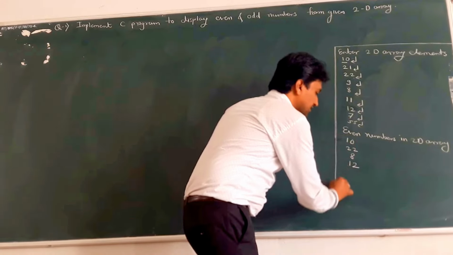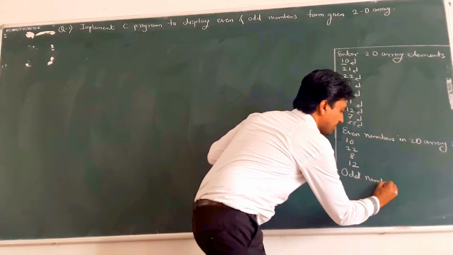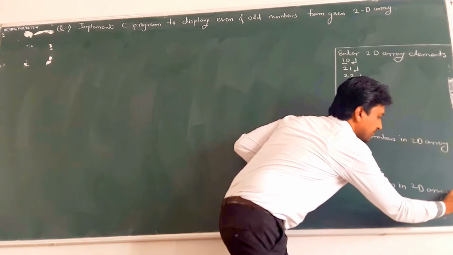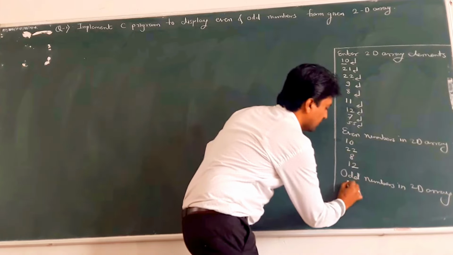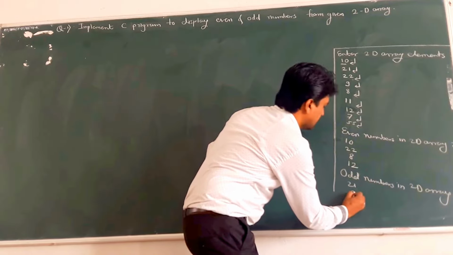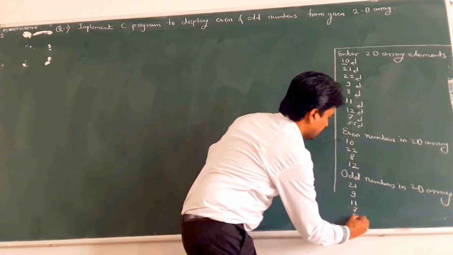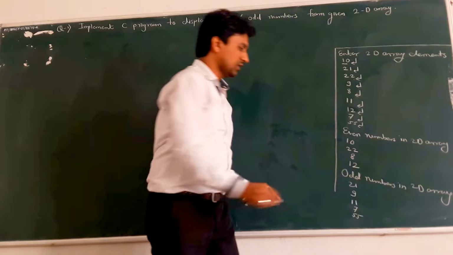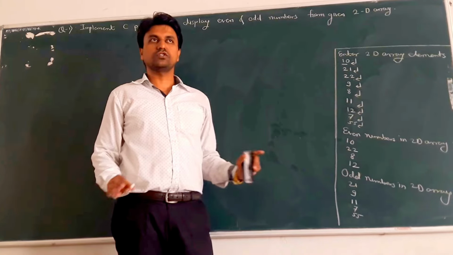After that, the message is "odd numbers in two-dimensional array:", and on the next line the odd numbers are 21, then 9, then 11, then 7, then 55. Okay, so these are the odd numbers.